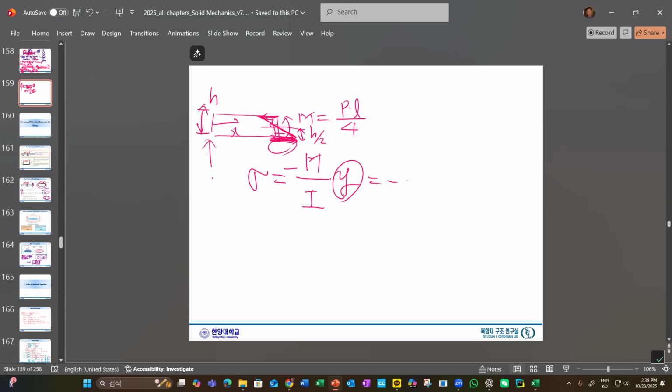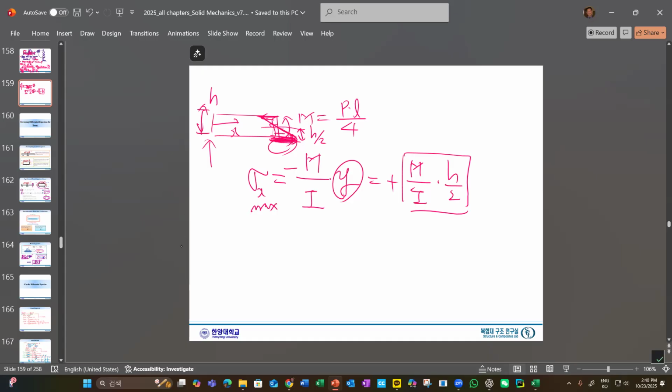So this will be M over I times h over 2. Now this is a minus, so minus minus plus. This is where the maximum stress occurs, right?